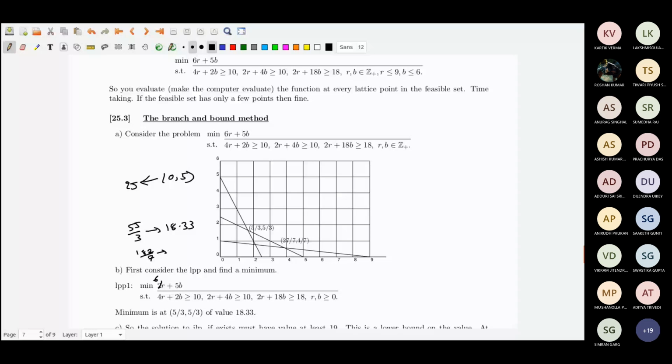And this one gives 90 by, so that's 54. That's bigger. So the minimum is here.